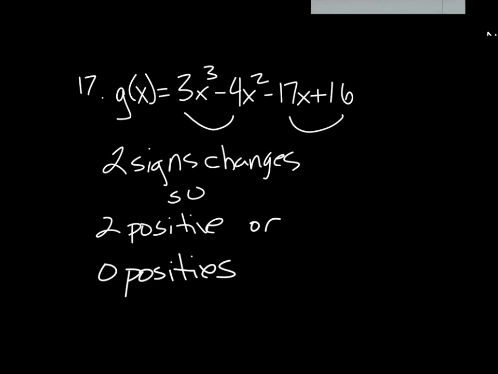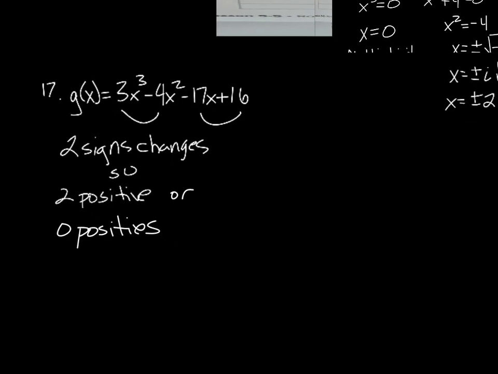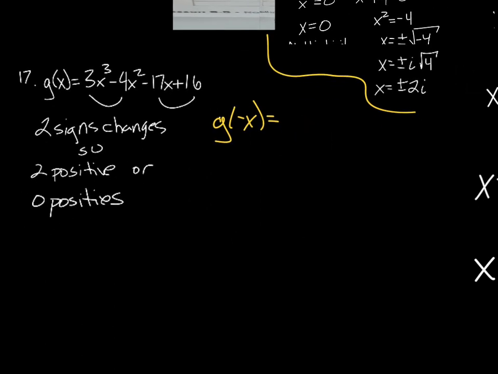Now we have to check to see how many possible negative solutions there are. And so then we're going to evaluate this function, except that we're evaluating it now at negative x. And so how does that change things? Which signs though? Not all of the signs. That has something to do with the exponents.